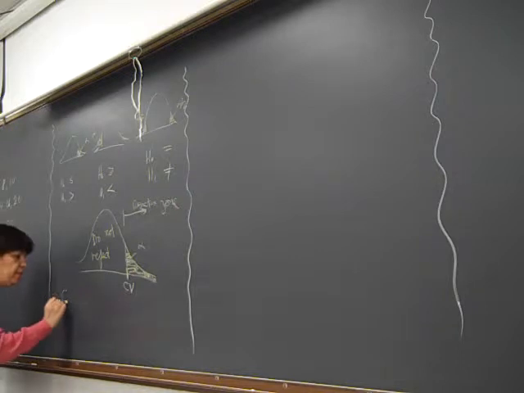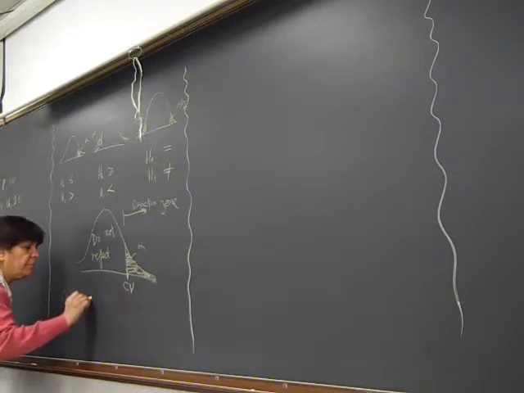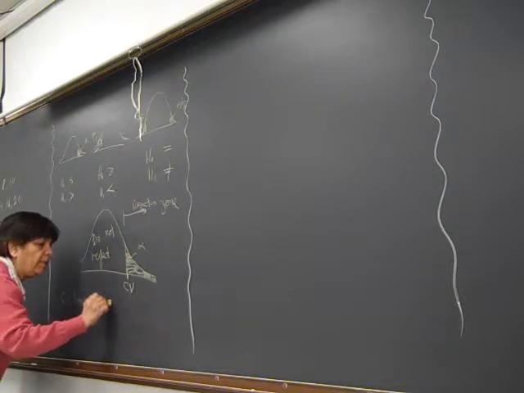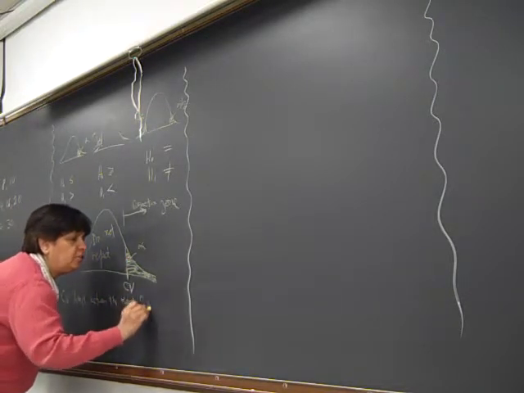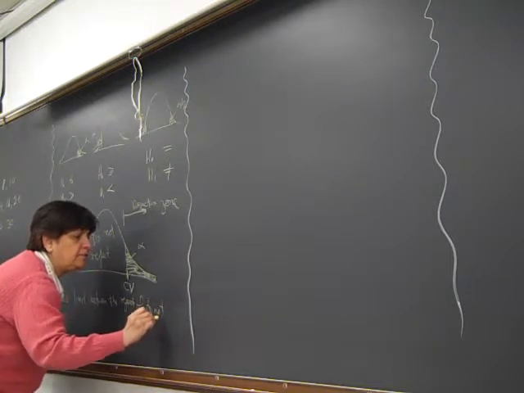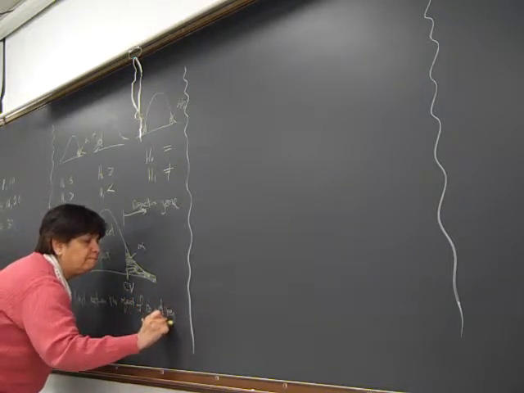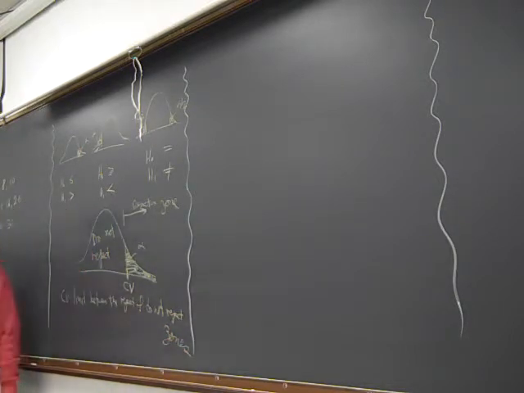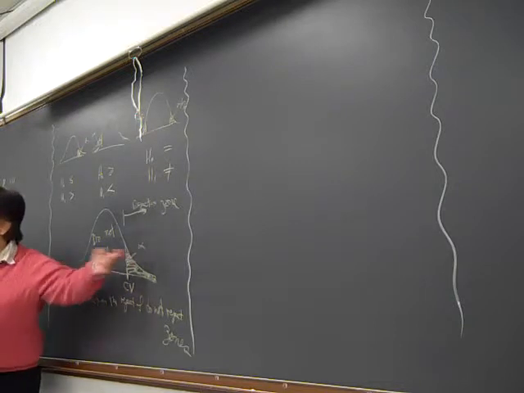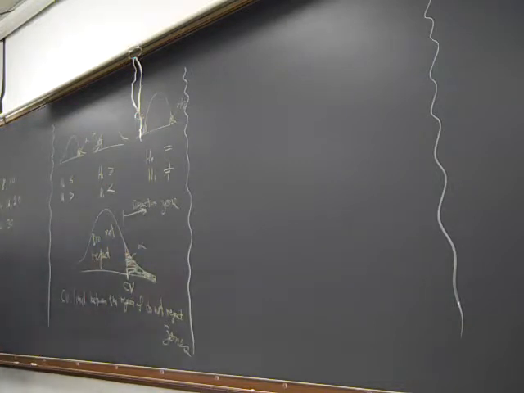So the critical value is the limit between the reject and do not reject zones. Okay? That is the critical value. How do you know what is the critical value? Well, it really depends on alpha.